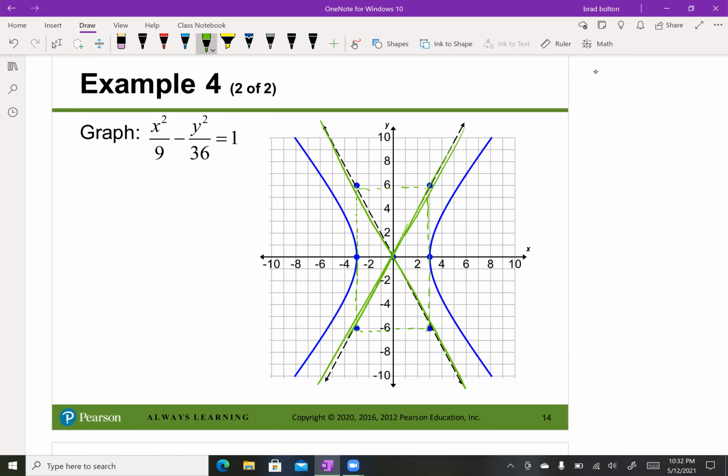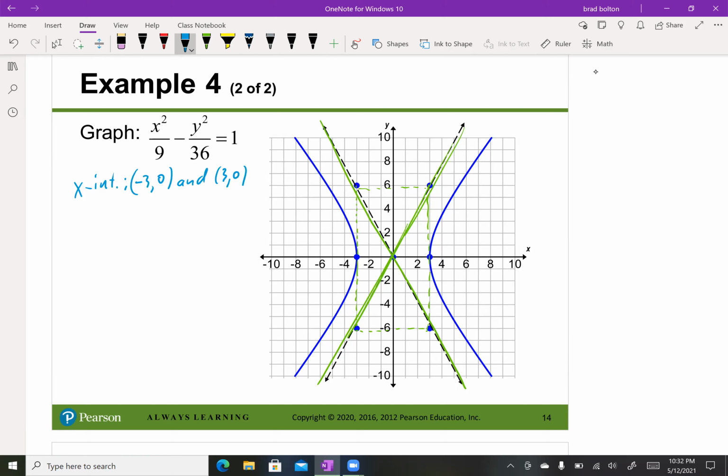So let me follow up with my notes real quick. So we see that the x-intercepts, if we needed them, would be at -3, 0 and +3, 0. Kind of has a very similar feel to what the ellipse would do, right?